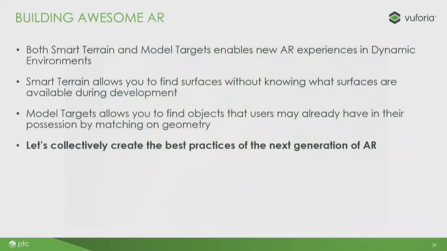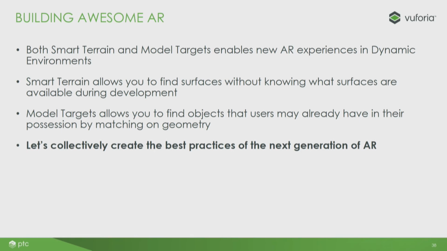All right, cool. So both smart terrain and model targets are going to help us move this forward as far as what we can do with dynamic experiences. With smart terrain, obviously, we can author these experiences without knowing where the user is going to be playing or executing them.